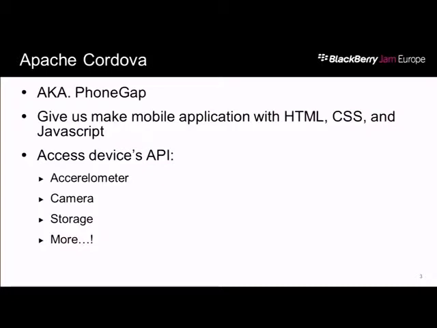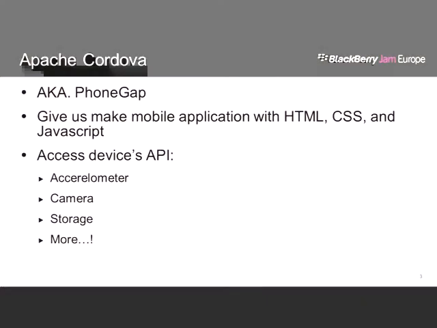Then about 1.5 years ago, we got acquired by Adobe. One of the stipulations for moving to Adobe was to donate the PhoneGap code to the Apache Foundation, which is why we're now called Apache Cordova, because an unnamed clothing company had issues with a certain part of PhoneGap. They shall remain nameless. I'm sure we all know.